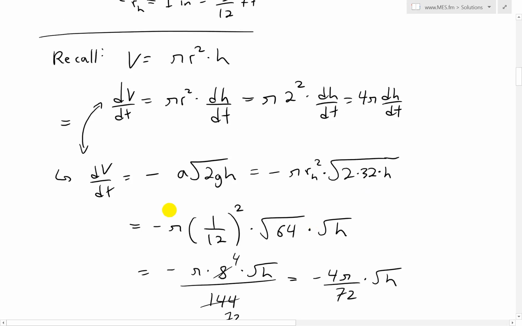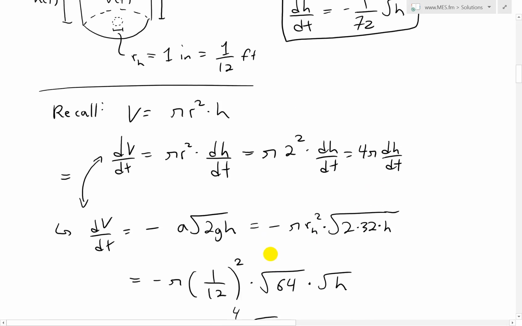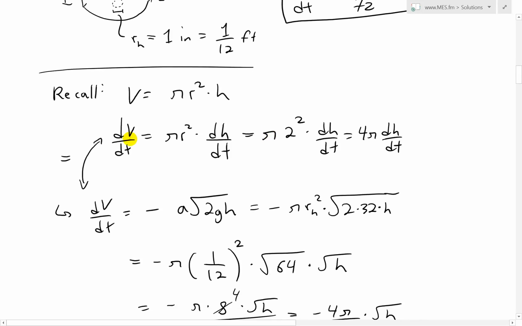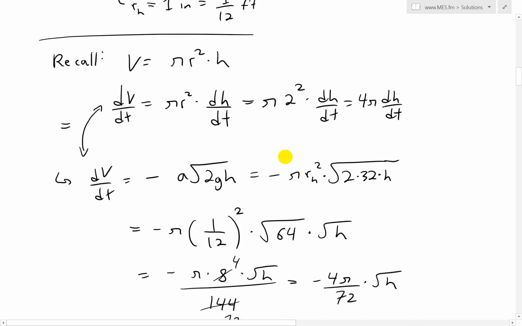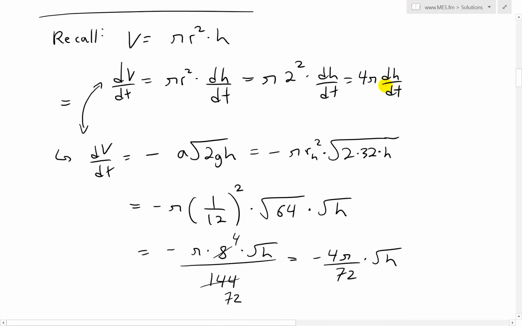This is the flow rate from Torricelli's law, and this is the derivative of the volume of a cylinder, in terms of the rate of change of the height.